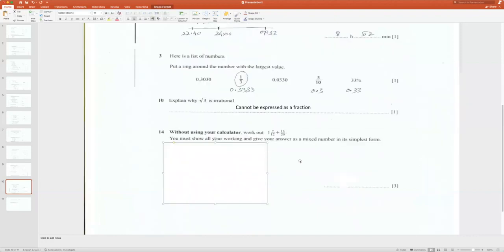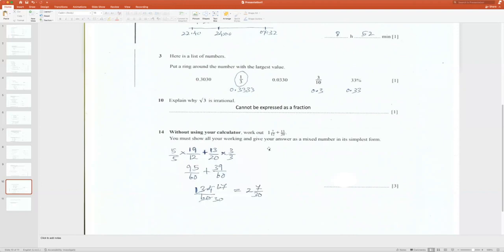Without using a calculator, work out this value. We can write this as a mixed number. 12 times 1 plus 7 is 19 over 12 plus 13 over 20. So we have to get the common denominator. So we can multiply this with 5, and this by 3, because this 60 is the common denominator.